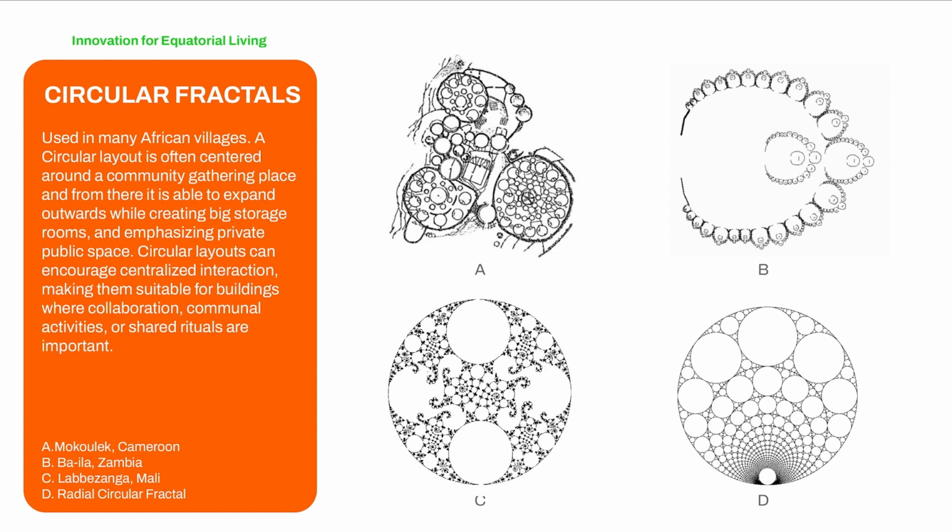The layout is usually centered around a community gathering space, as you can see here on the very open plaza or some regional places. From there, it was able to expand outwards while creating big storage rooms and emphasizing private and public spaces.